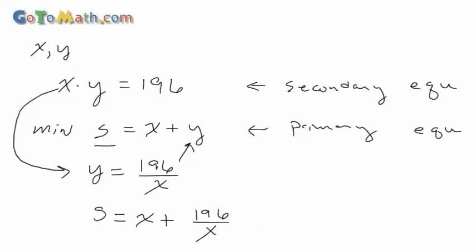I can't think what the graph looks like. Anyway, it doesn't matter. What we're going to do is see where this is a minimum problem, right? We want to find the min. All right.